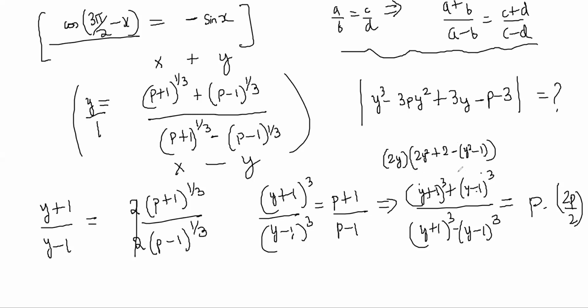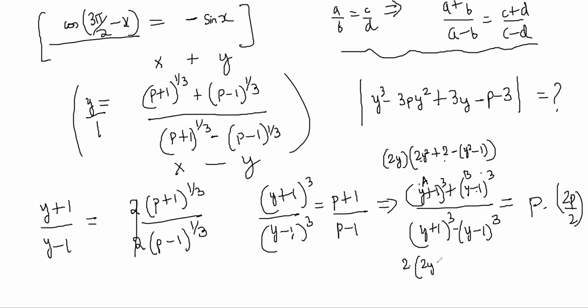Are you understanding what I am doing here? I am taking this as a and this as b. This is a cube plus b cube, no? I have written it as (a plus b) into (a square plus b square minus ab). And this also I will do the same. It is (a minus b) into (a square plus b square plus ab).